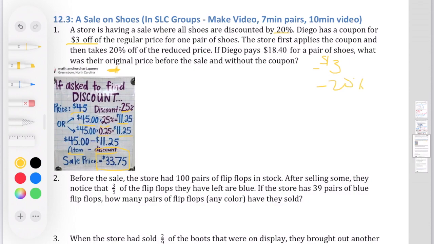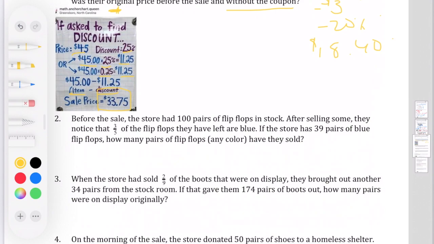If Diego pays $18.40 for a pair of shoes, what was the original price before the sale without the coupon? So we got to take these 3 pieces of critical information. We're going to have to work backwards, whether you want to reason that out or set up an expression. That's your choice, but that's what you're going to work on number 1.